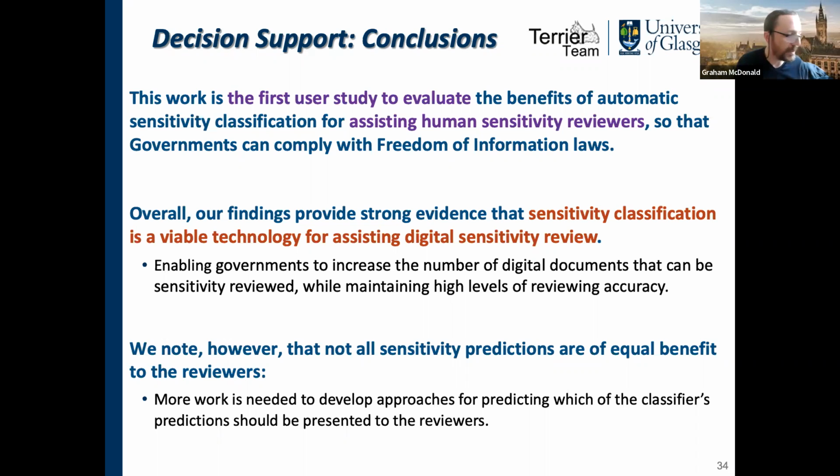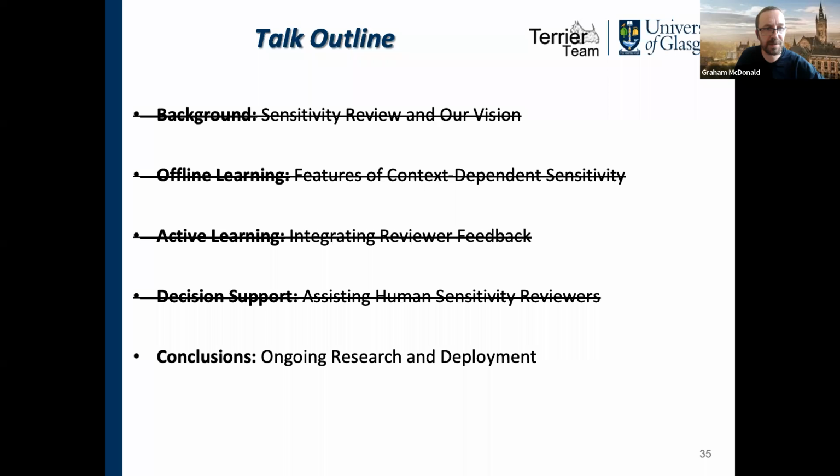So in all of these areas that we're looking at, we've made improvements, and we are actually managing to assist reviewers, but there are still open questions in all of the areas. And we're finding out an awful lot more of these open questions in our ongoing research and development.